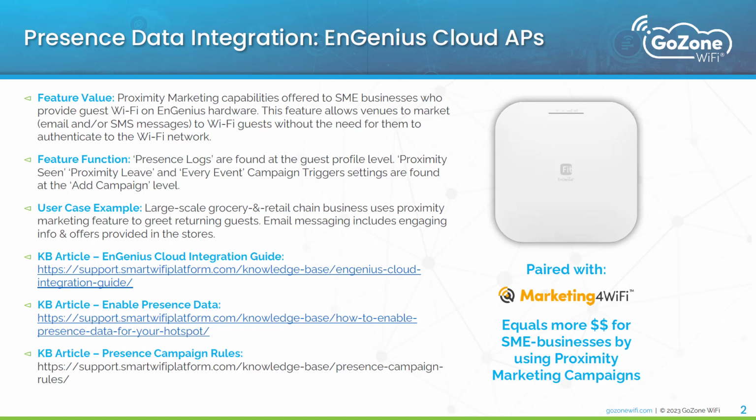Those guests are going to get those messages and see the valuable offerings and/or new products that the supermarket or grocery retail chain is offering. So a lot of valuable customer re-engagement and a lot of upsell opportunities for the venue itself. So all customers are happy at the end of the day.